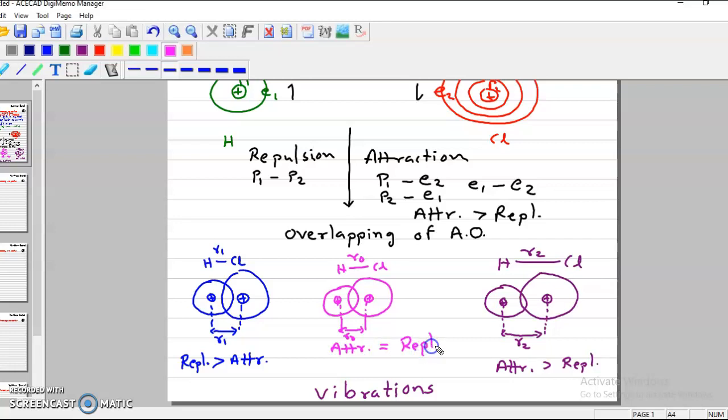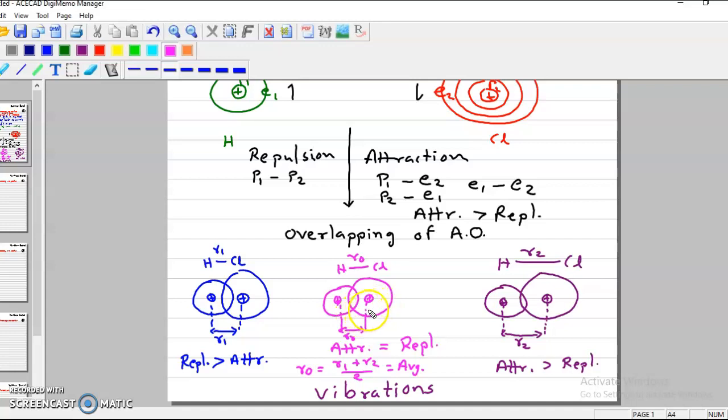But remember, these two atoms will never achieve this distance. Then how to find out R0? Well, we know R1, we know R2, that from X-ray analysis we can find out these two distances. So R0 would be R1 plus R2 upon 2. That is average distance. Okay, so it is called average bond length, where attraction is equal to repulsion.